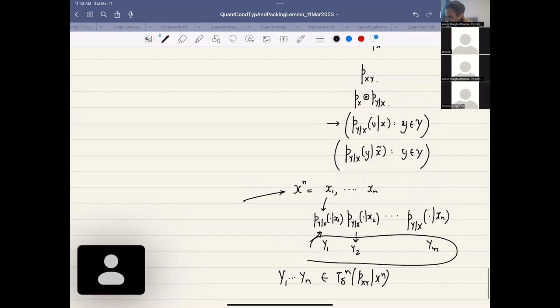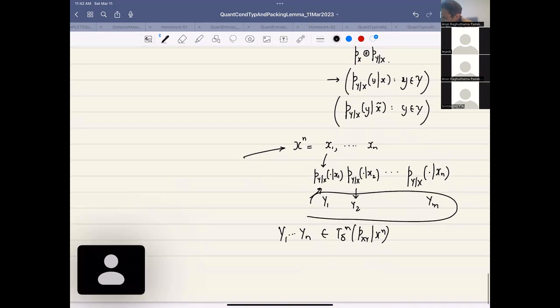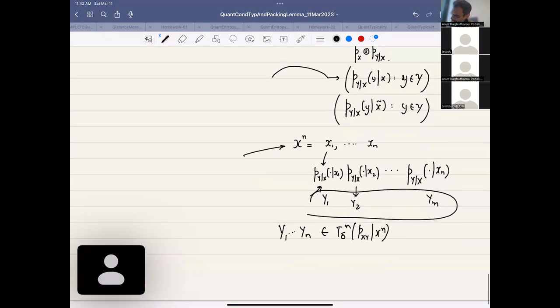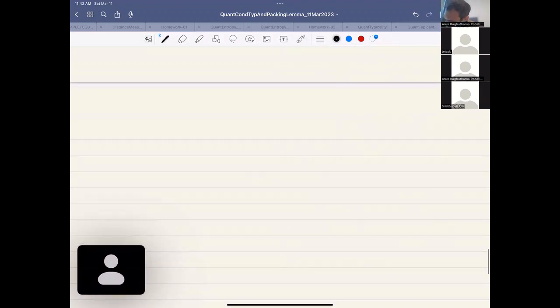I'm going to do an analog of this. Sir, like you said, pulling out y1s, can you explain? Yeah. So remember what you did? This was the statement you showed, right?